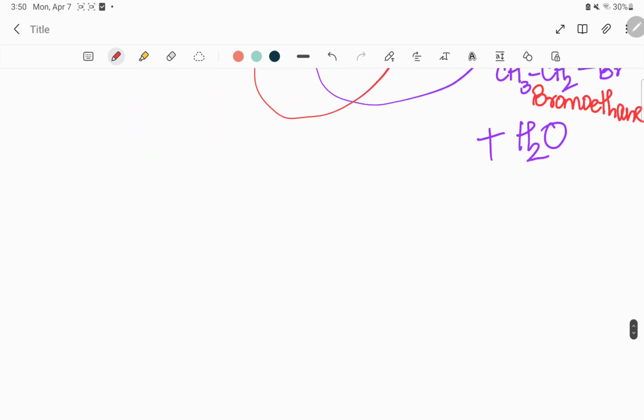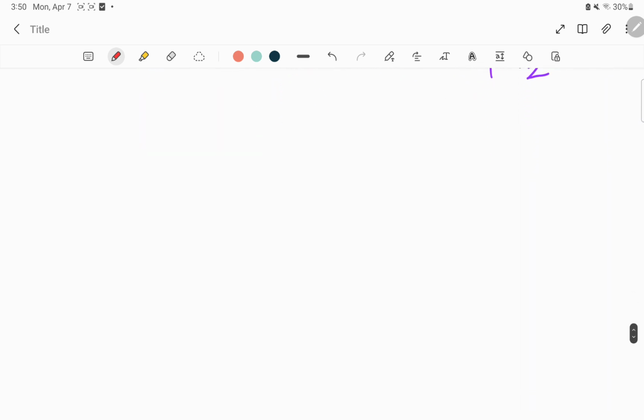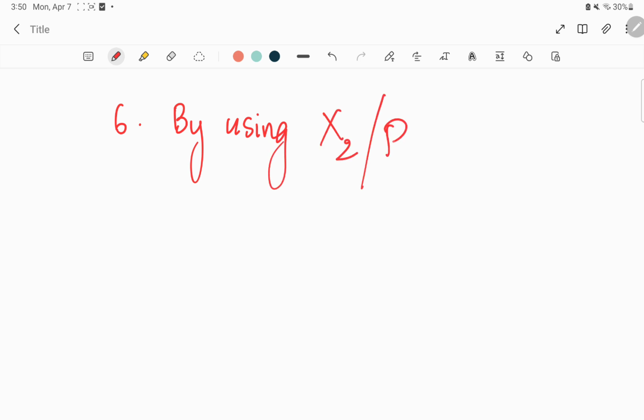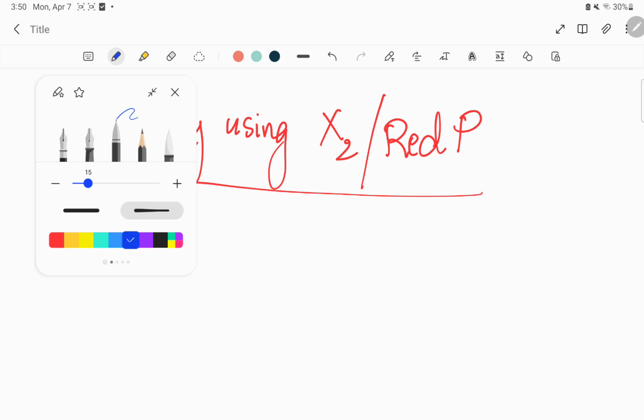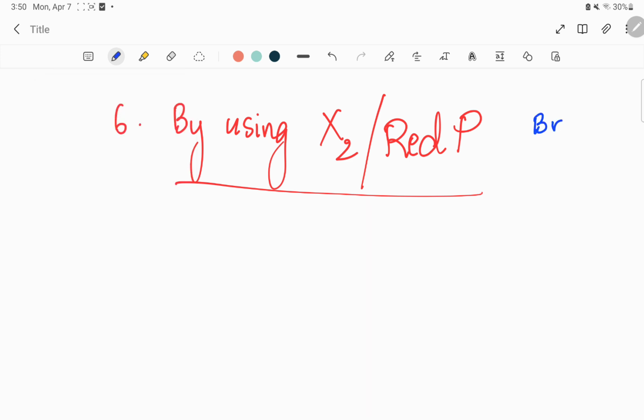Then the last method to prepare haloalkanes is by using halogen in presence of red phosphorus. So this is the last method to prepare haloalkanes from alcohols. So here this method is used only for two halogens, that is bromine and iodine.